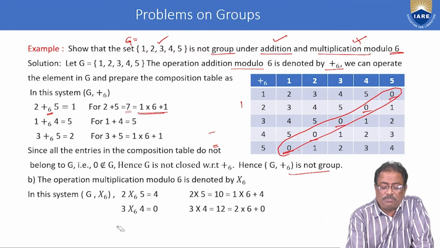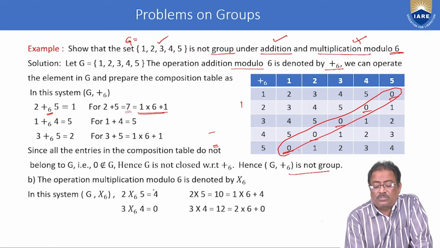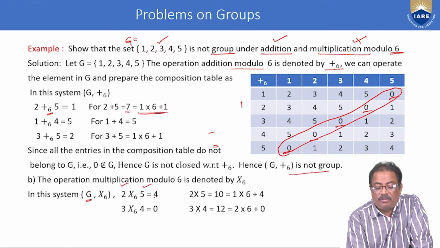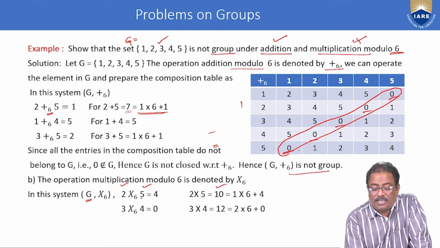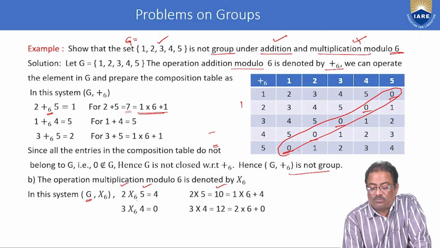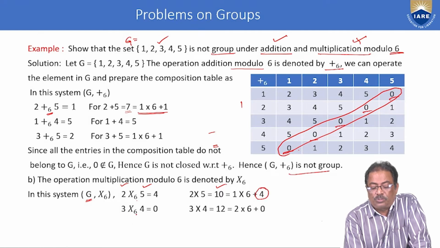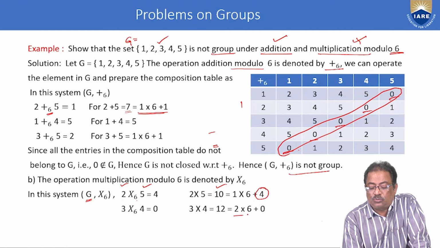Multiplication modulo 6, same thing we are going to write. Suppose I pick two elements, 2 and 5. 2 times 5 is 10. I write 10 as 6 into 1 plus 4. And the next, 12, I can write as 6 into 2. So the remainders I am going to write here.